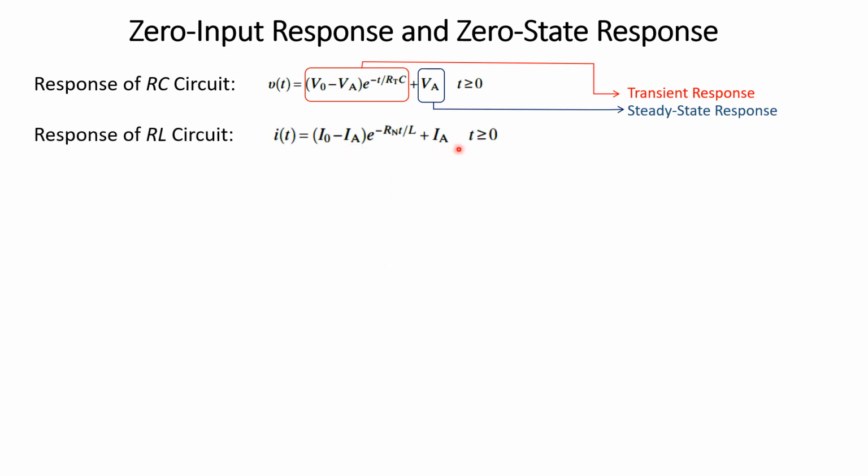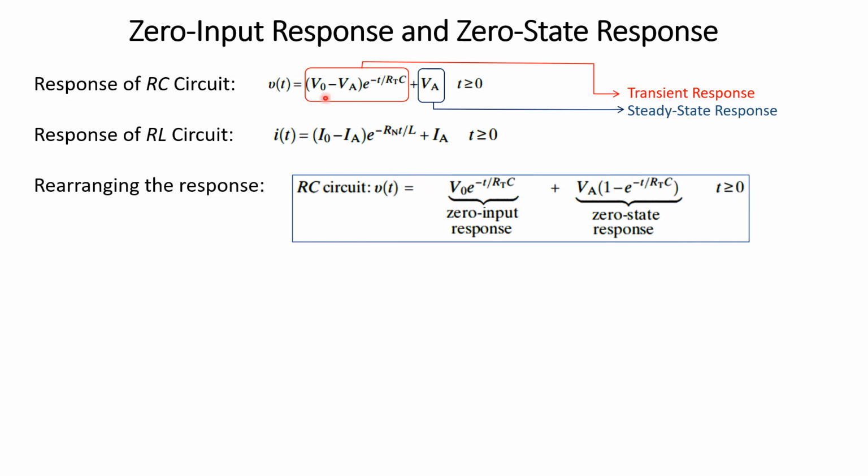This is the RC circuit and this is the RL circuit. Now we rearrange these responses, meaning V naught is shown separately and the VA terms are shown separately.